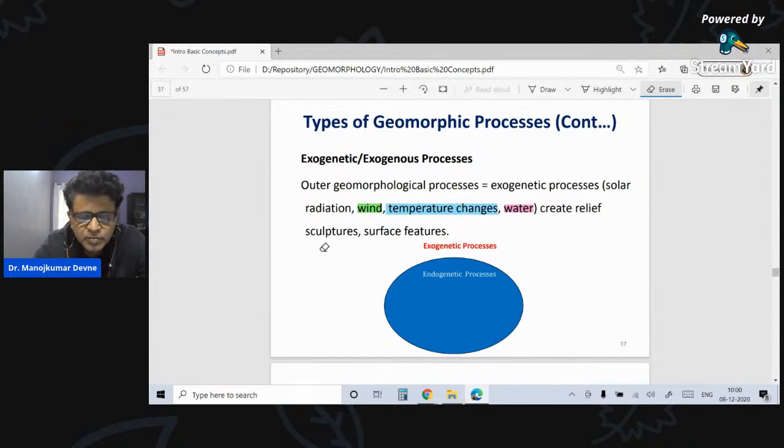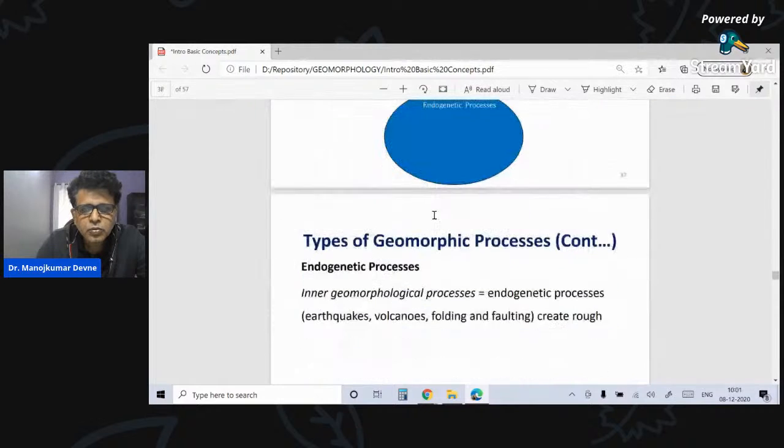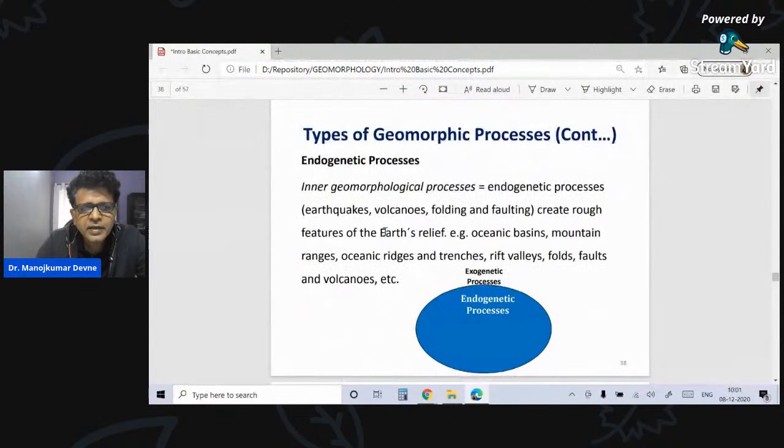We saw that diagram much way back in time when we were doing it out of Strahler's book as such.